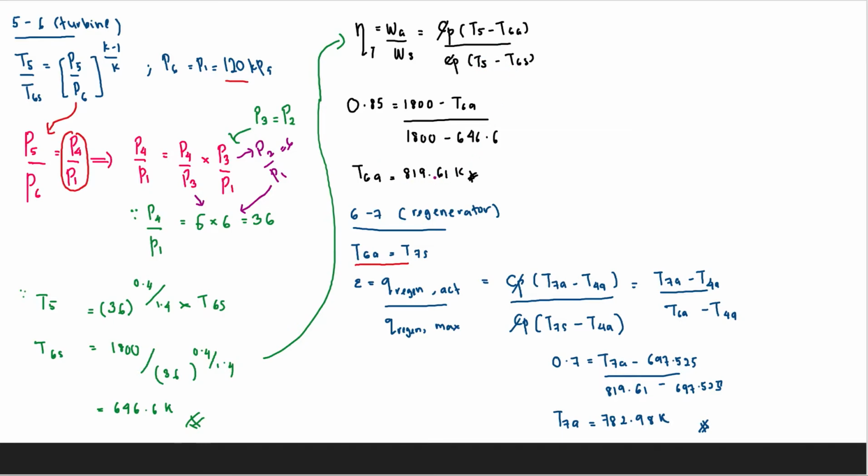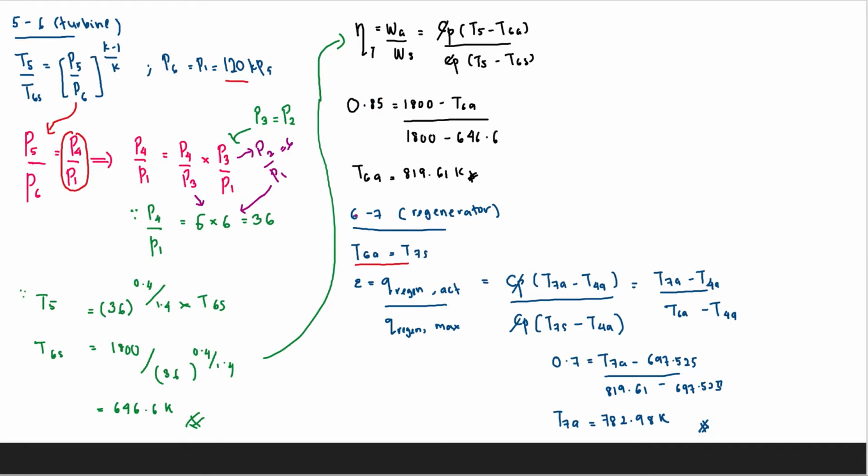Then I will get T6A as 819.61 Kelvin, knowing that the isentropic efficiency of the turbine is 85% or 0.85.